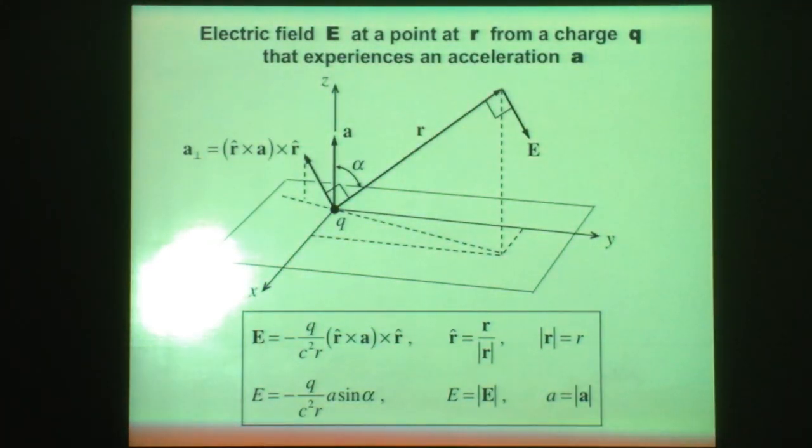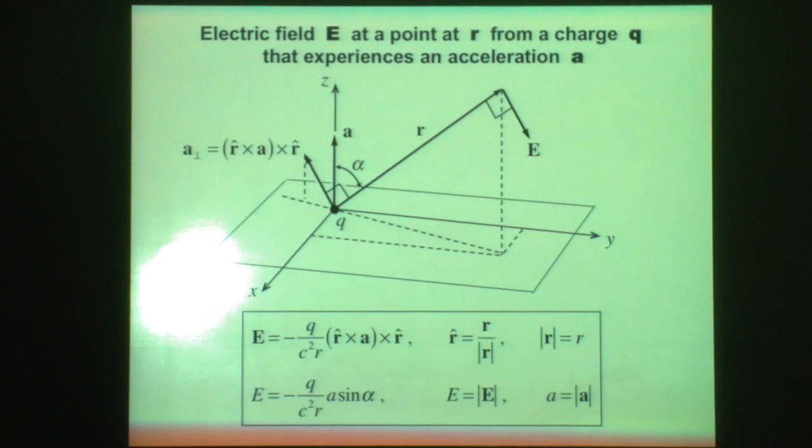So back when we were talking about the wave nature of X-rays and electromagnetic waves in general, we saw that electromagnetic waves, or pulses, result from the acceleration of a charged particle.